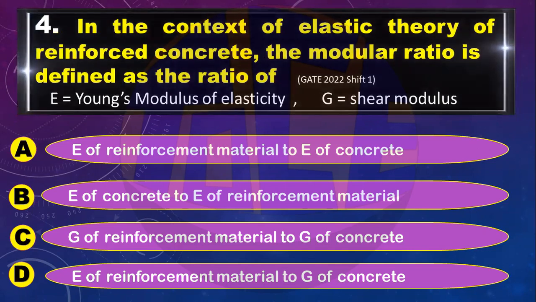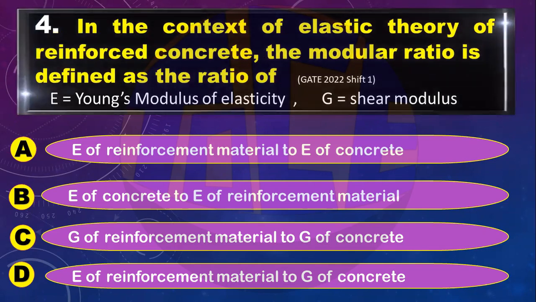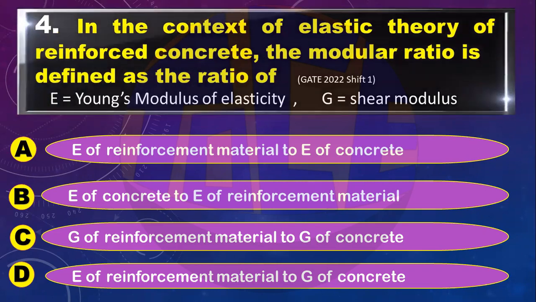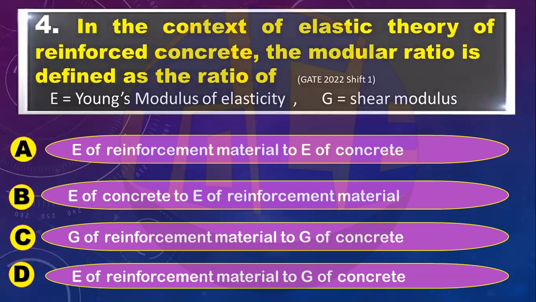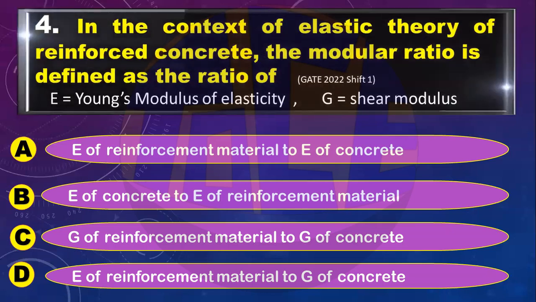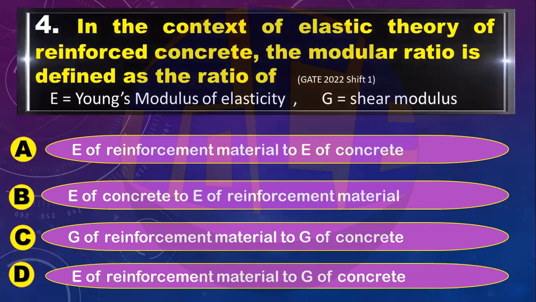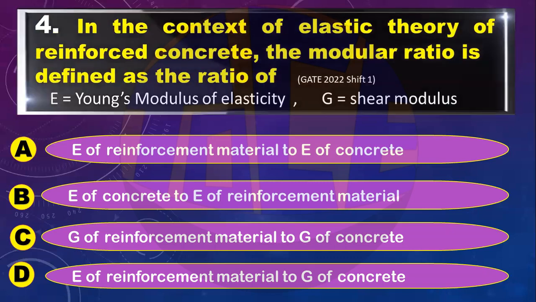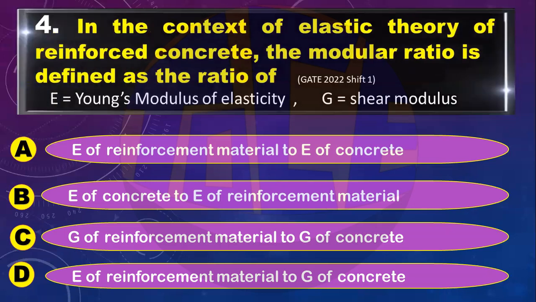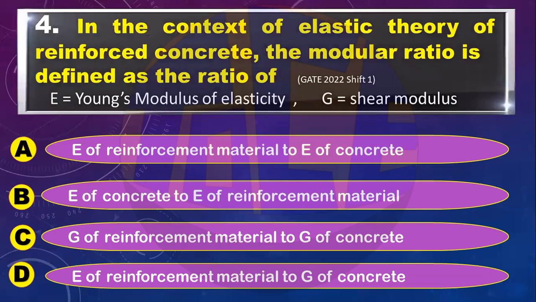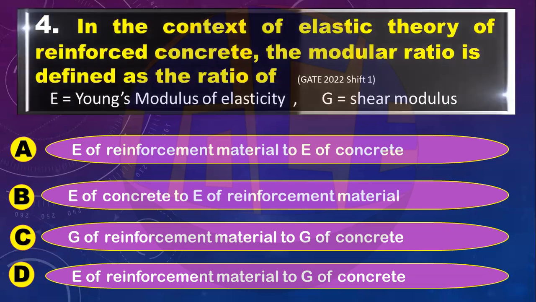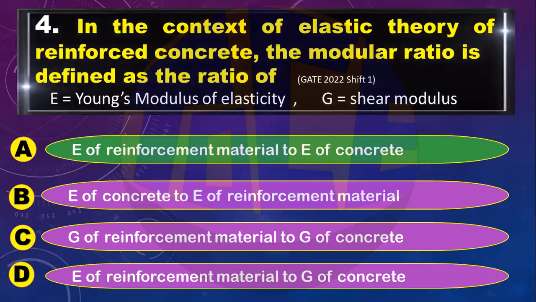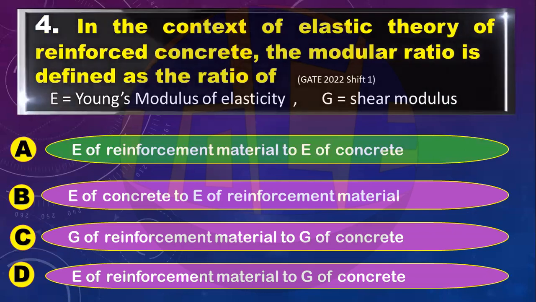Option A, E of reinforcement material to E of concrete; option B, E of concrete to E of reinforcement material; option C, G of reinforcement material to G of concrete; option D, E of reinforcement material to G of concrete. The correct option is option A, E of reinforcement material to E of concrete.